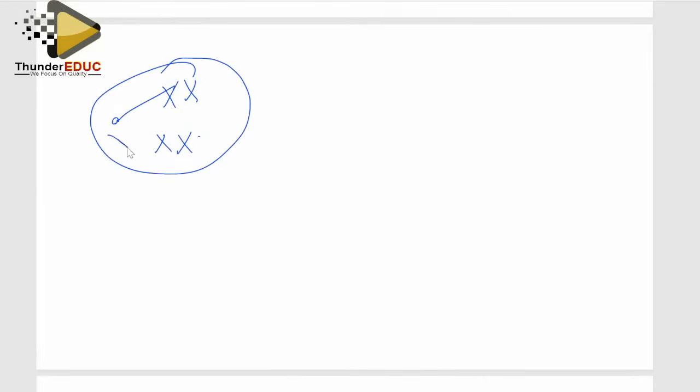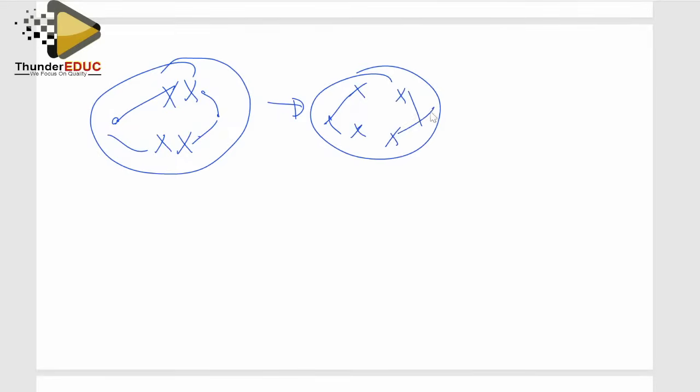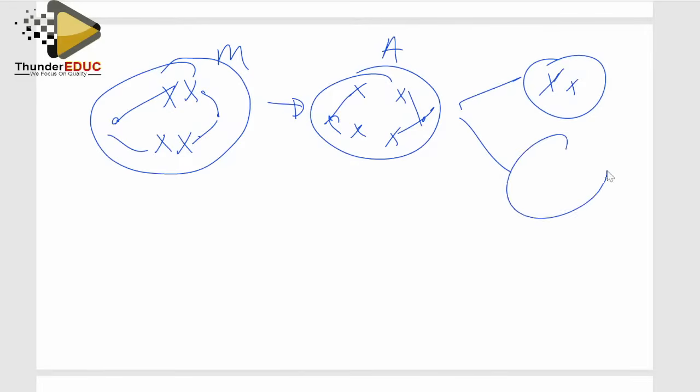During the normal reaction, you expect them to separate properly. This is metaphase and this is anaphase, so that it results in this and that, and then this and that. So one cell goes there and another cell goes there with the two of them.